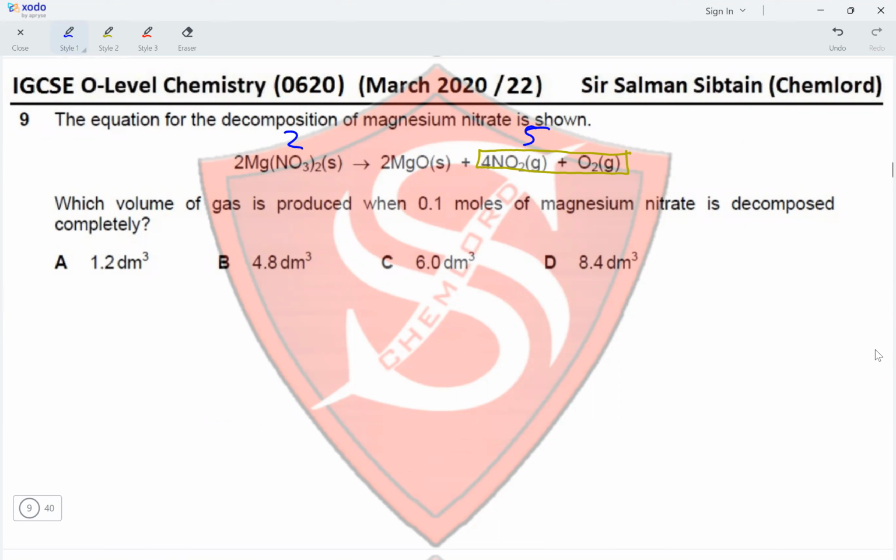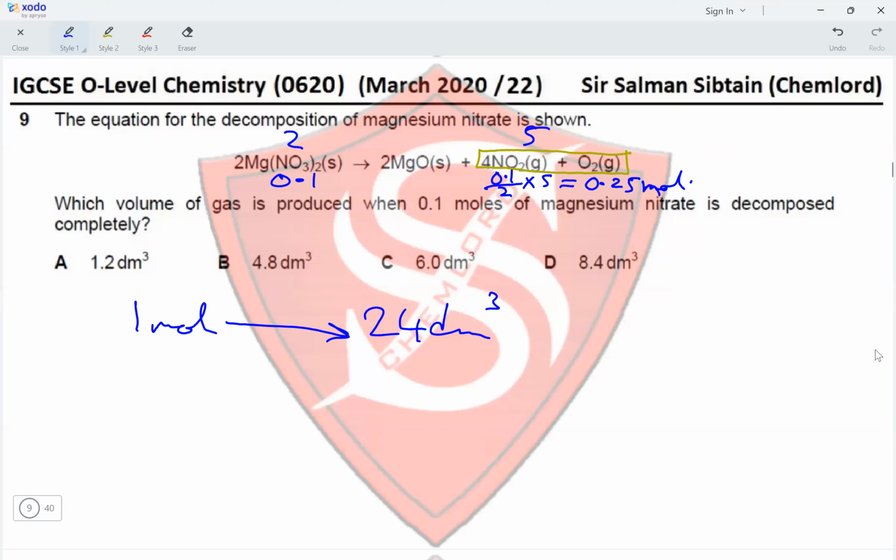So we have 0.1 mole of magnesium nitrate present. So what would be the moles of gases produced? This would be 0.1 divided by 2 multiplied by 5, giving us a value of 0.25 moles of gases being produced. Now, 1 mole of gas occupies a volume of 24 dm cubed.